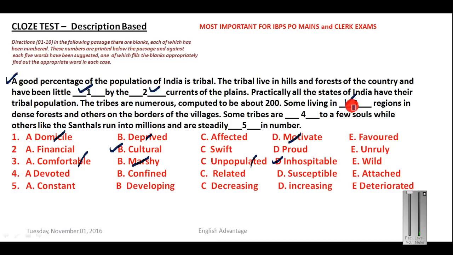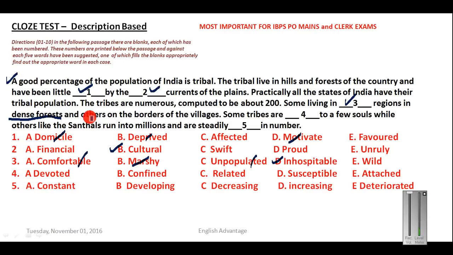So some living in inhospitable regions, in dense forest, just see here the word dense forest. Okay, now if you live in dense forest, the conditions cannot be comfortable, the conditions will definitely be inhospitable only. Okay, so that is why this word dense forest indicates that the conditions in the forest will definitely be inhospitable. Now this word inhospitable also refers to a person who is unwelcoming by nature.